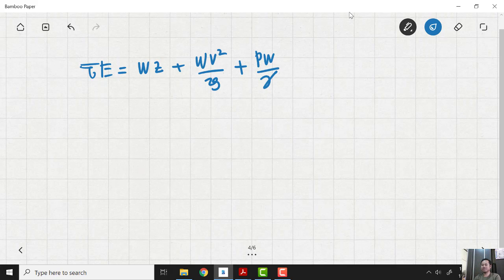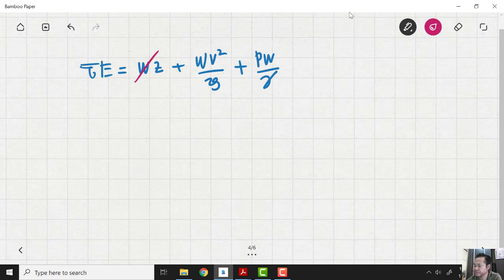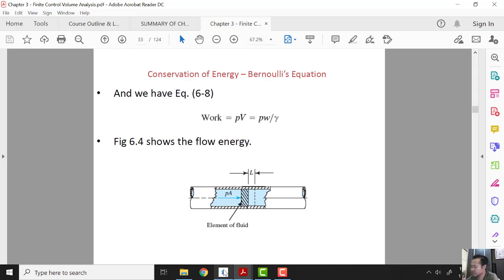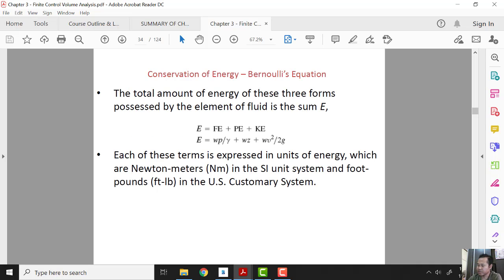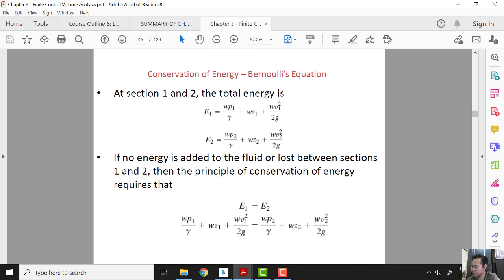Since the weight is also the same, you can cancel out the weight, and you will get Z plus V square over 2G plus P over gamma. So we can write here, this is used in the Bernoulli equation.